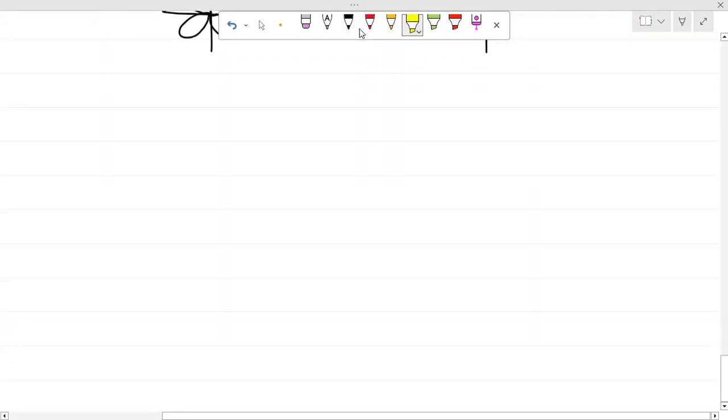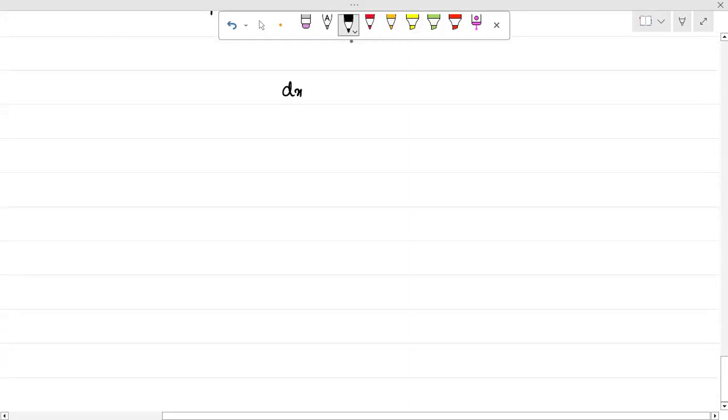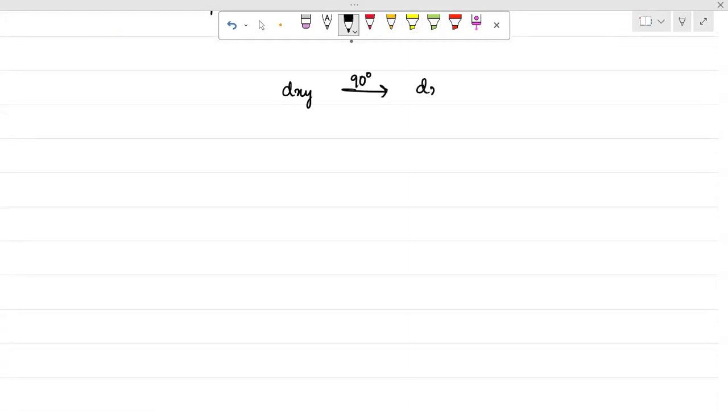I hope it is clear. I'll summarize it over here. If you have dxy and if you rotate it at 45 degree, this will become dx square y square. Non-axial orbital has become an axial orbital. Let's say you have dxz. If you rotate it at 90 degree, it becomes dyz.